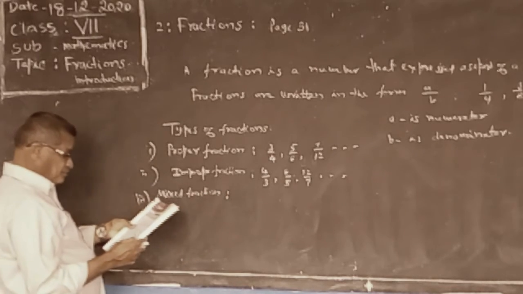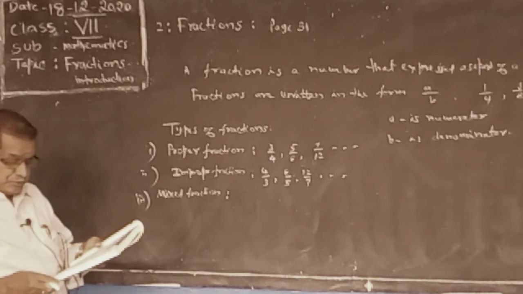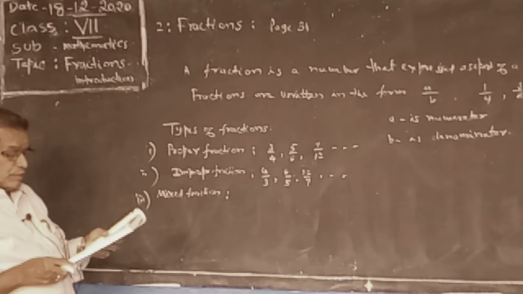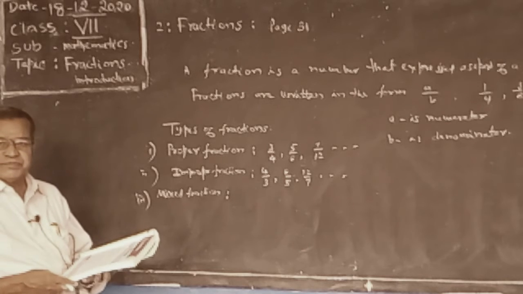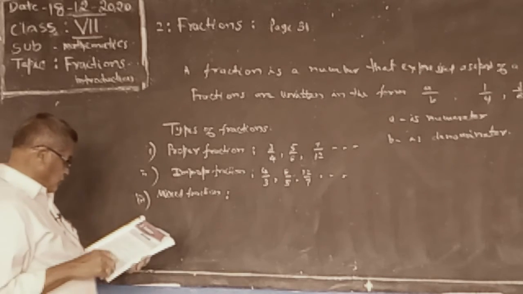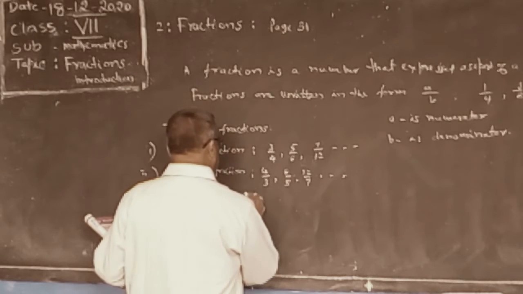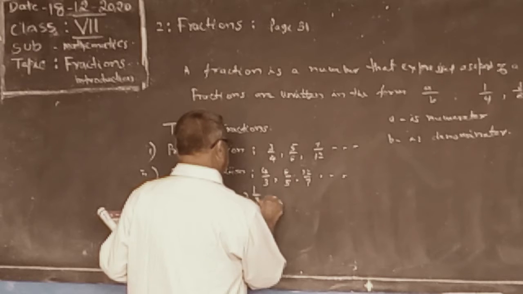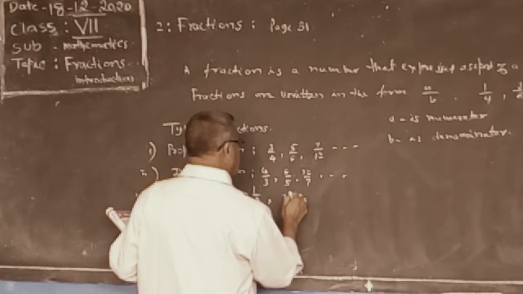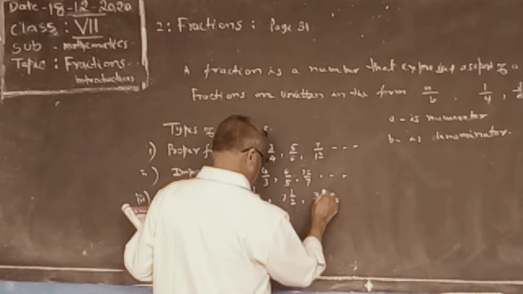Mixed fraction. It is a whole number and a proper fraction. We denote 2 1 by 3, 7 1 by 2, 3 1 by 4.